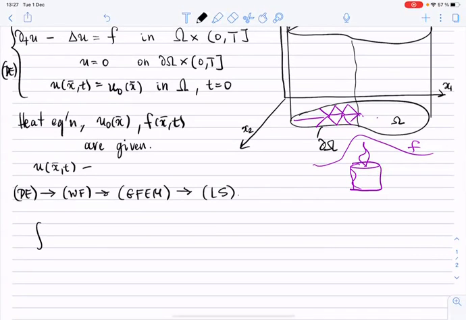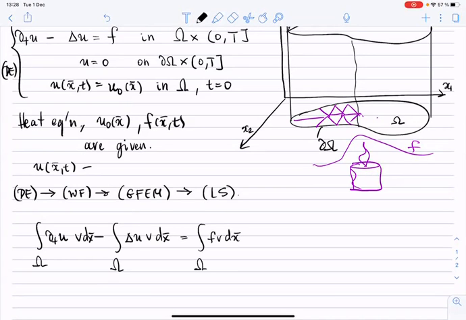So we take the integral over omega of dtu v minus the integral over omega of delta u v dx, equal to the integral over omega of f v dx, something like this.